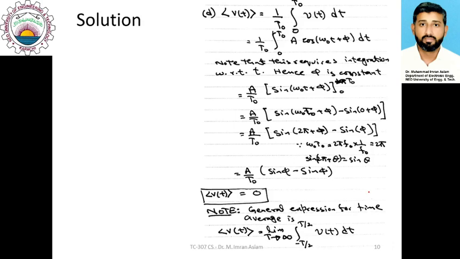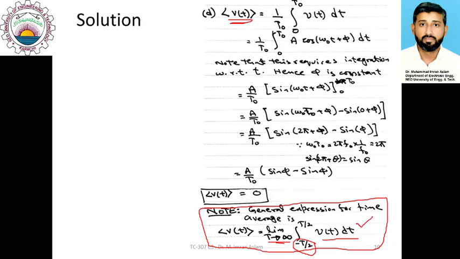Now let us try to solve the time averages. First we start with the solution of the time average of v(t). You should notice that in general the time average is written as the limit as T goes to infinity of 1 upon T times the integral from minus T by 2 to T by 2 of v(t) dt.